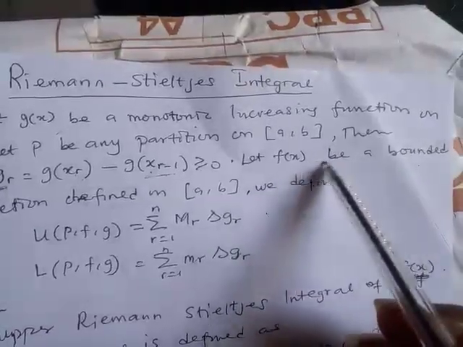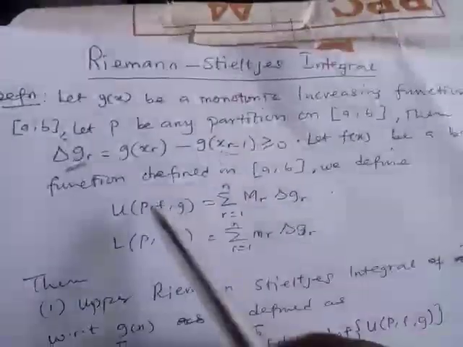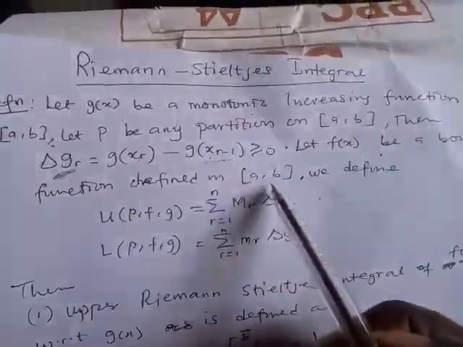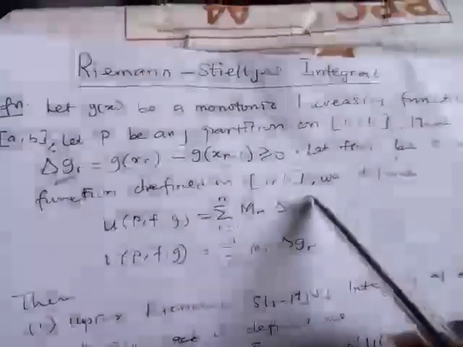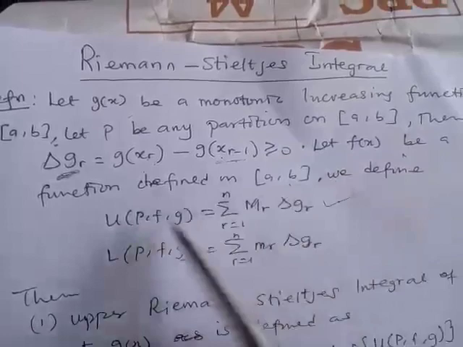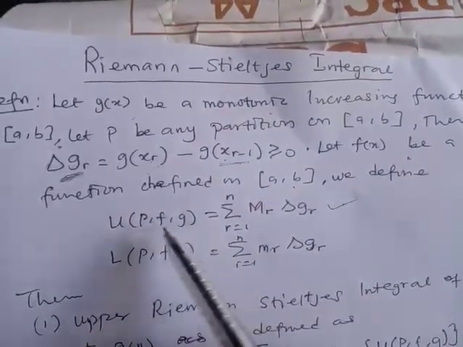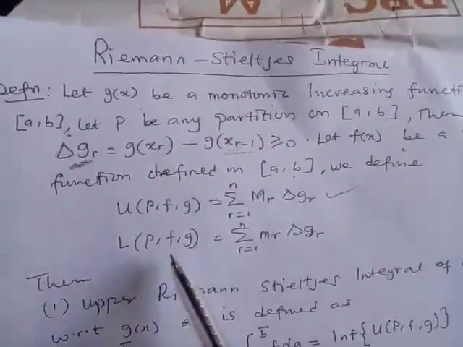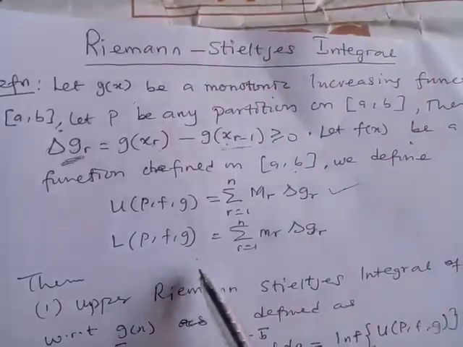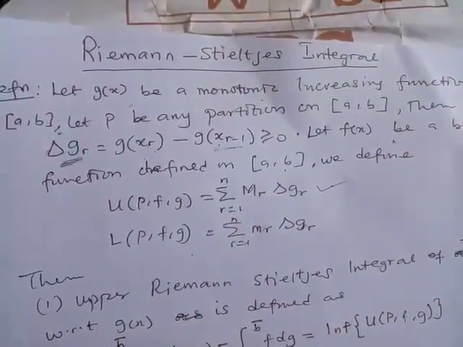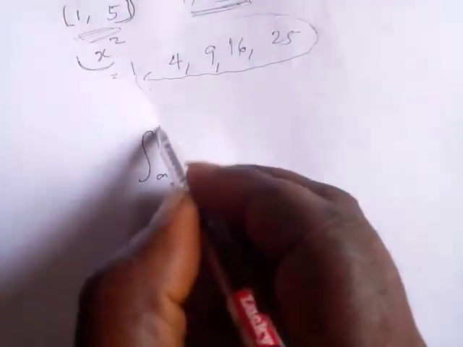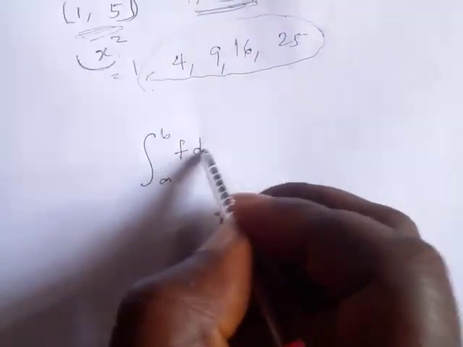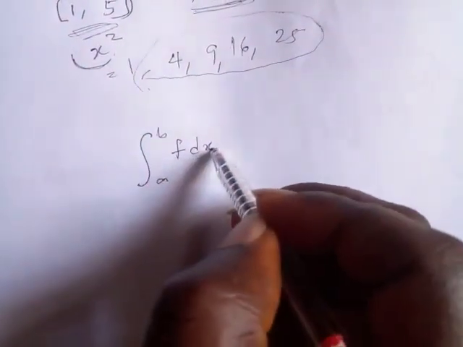So we now say that let f of x be a bounded function defined on the same interval. So this, if you still remember, is the upper double sum for Riemann-Stieltjes integral, and this is the lower double sum for Riemann-Stieltjes integral. So what Riemann integral only did is when we have this type of integration, f of x dx.